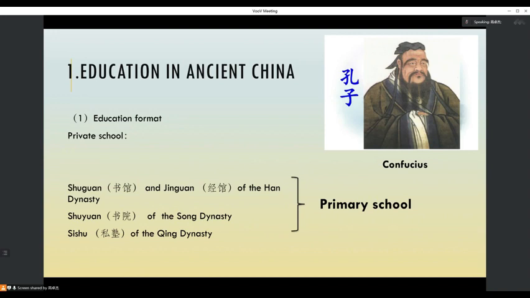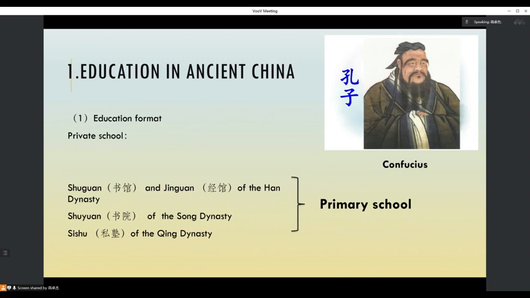Confucius is the first teacher to found a school for normal people, for regular people. This private school was named 私塾. Private for normal people.